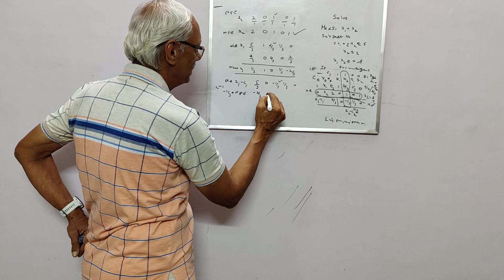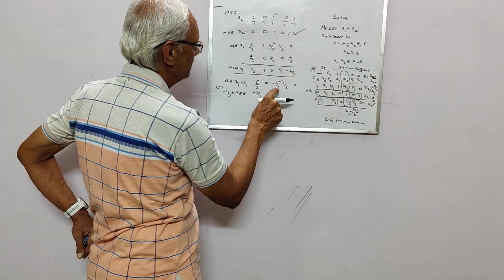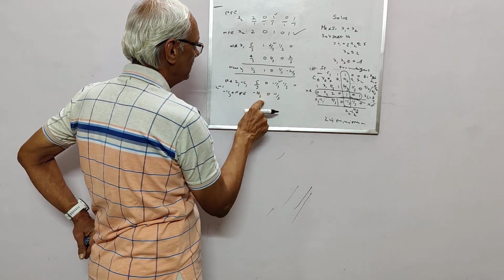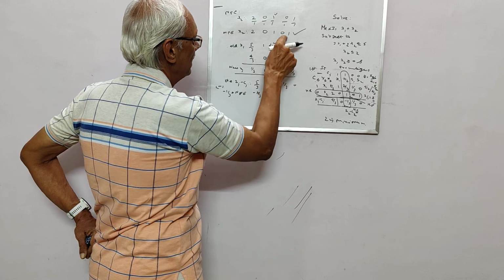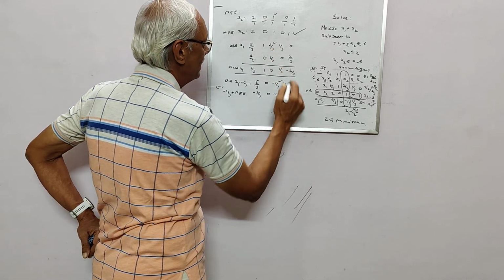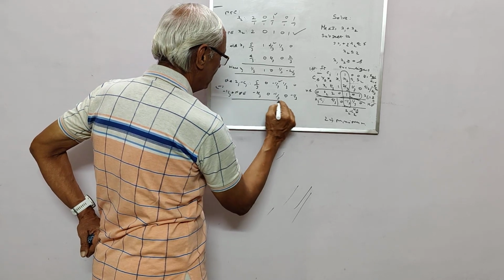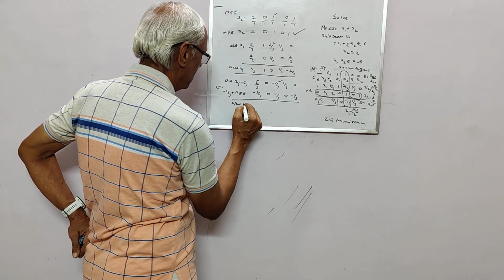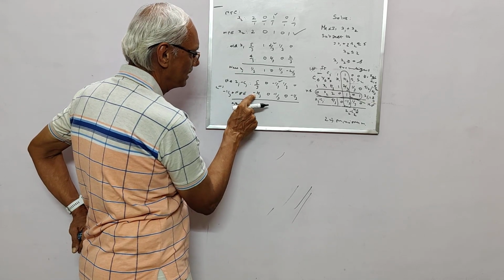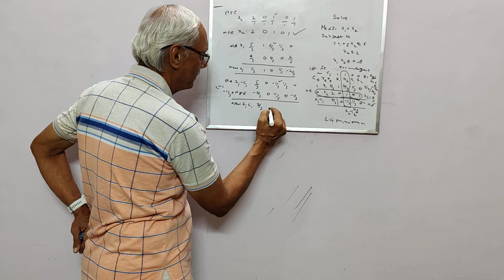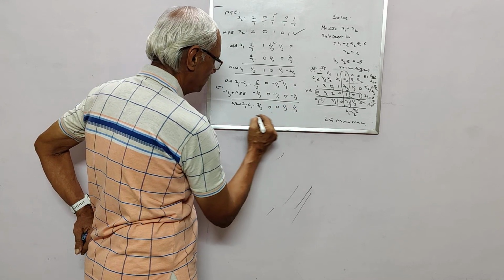Minus 1 by 3 into 0 is 0. Then minus 1 by 3. Now you do the subtraction here. 5 by 3, if you take away this, it will become plus, so 7 by 3. This is 0, this is 0, this is 1 by 3 and this is 1 by 3.